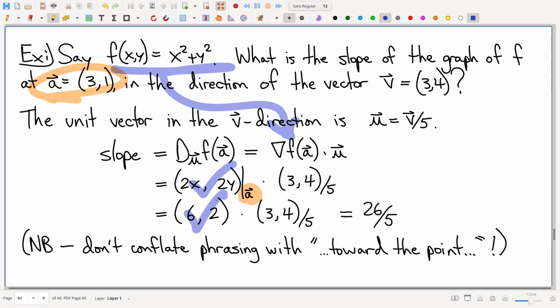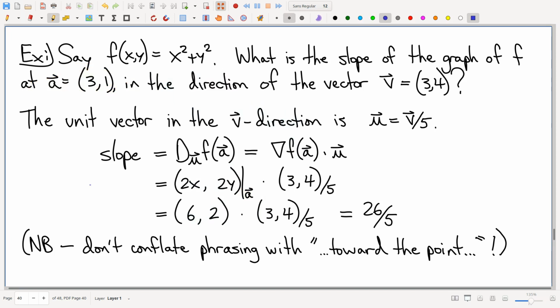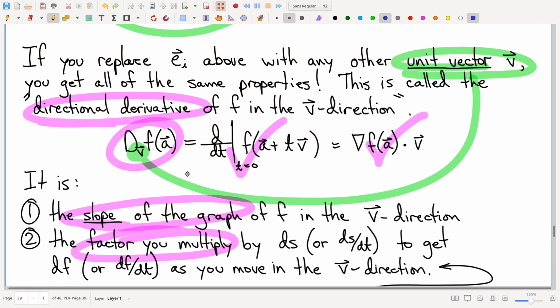One little slightly tricky bit, a lot of students forget that, again, very carefully, looking back here at our definition of a directional derivative, do note, very importantly, this vector that indicates the direction has to be a unit vector. Keep in mind, the whole idea here is that I'm just going to take what used to be my standard basis vectors and make a different choice for standard basis vectors. Of course, standard basis vectors need to be unit vectors. So don't forget that you have to use a unit vector.